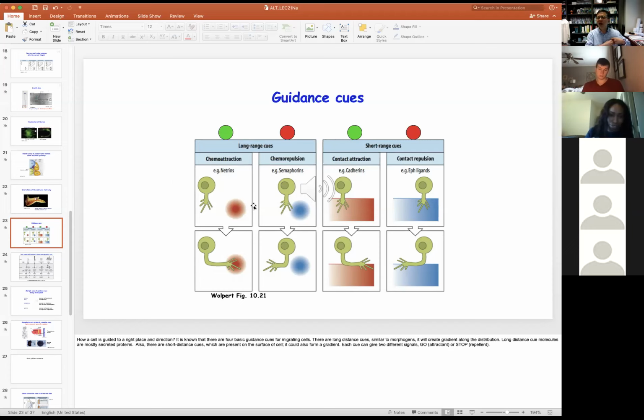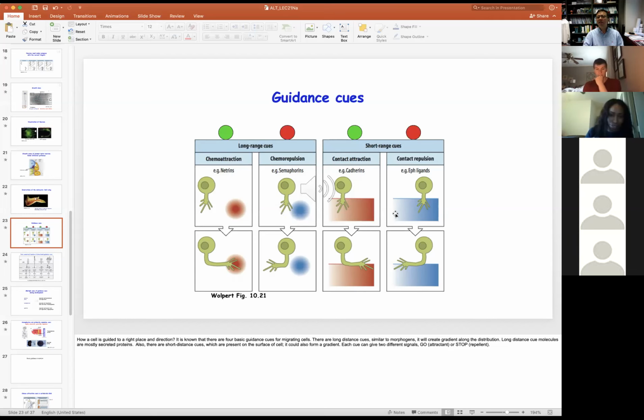But that is the long-range cue, so it is secreted outside the cell and deposited in the extracellular matrix, most likely. And then they form the gradient. But that can also be attractive or repellent.